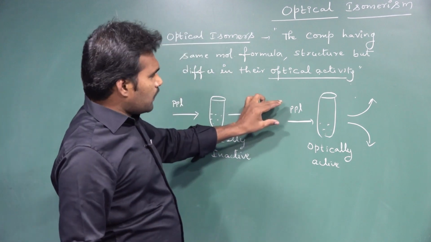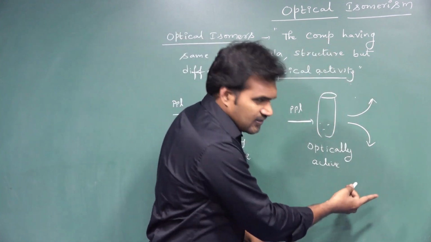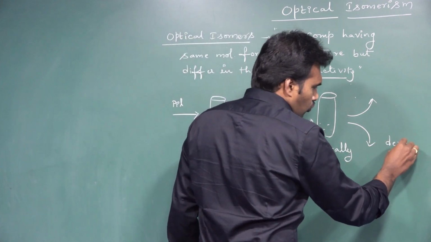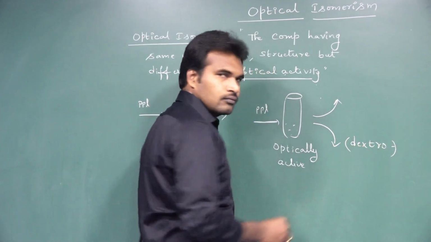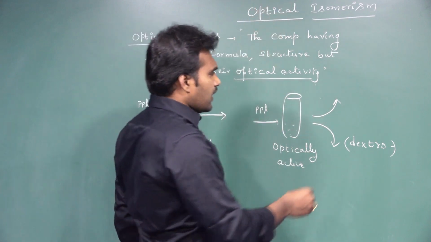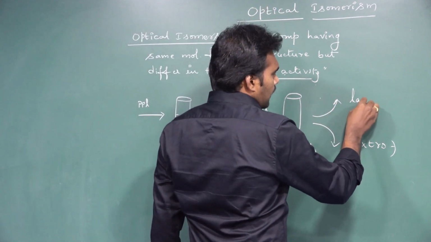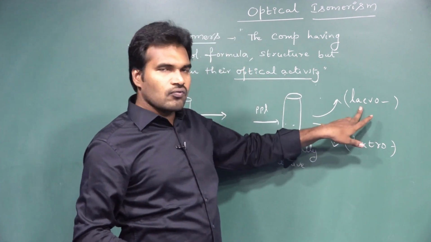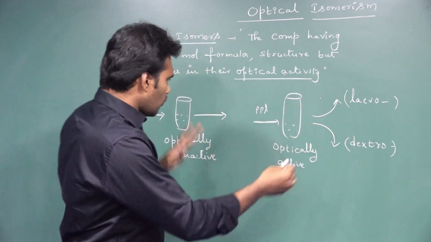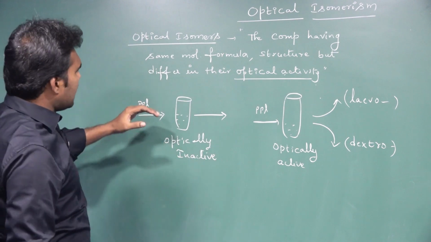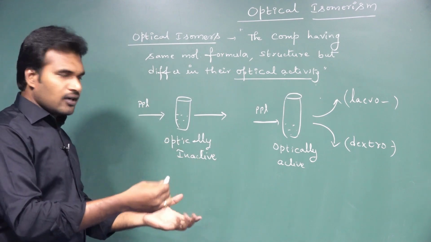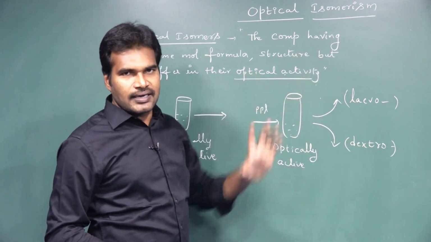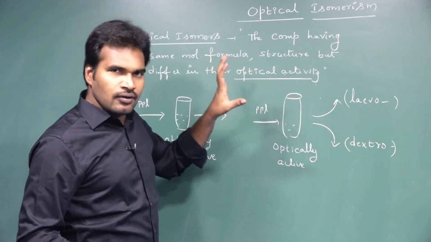Specifically, if the PPL light is bending towards the right hand side, then that compound we call dextro-rotatory. If it bends to the left hand side, then that is what? Levo-rotatory. So simply called D, and this is what? L. Okay. So based upon the bending of the PPL light, if it doesn't bend, optically inactive. If it bends either to the right hand side or left hand side, then that compound is optically active.